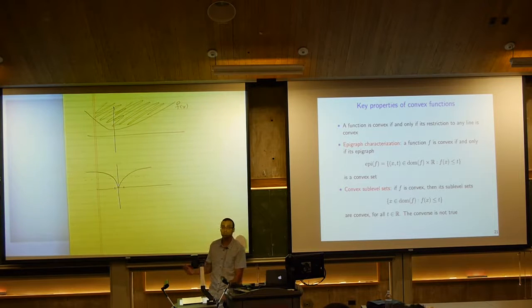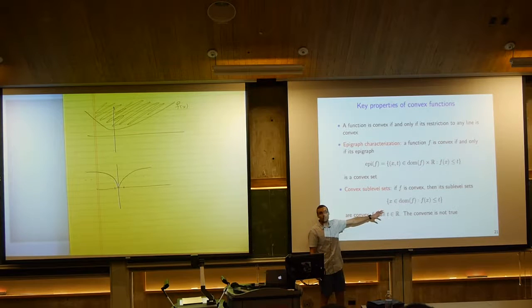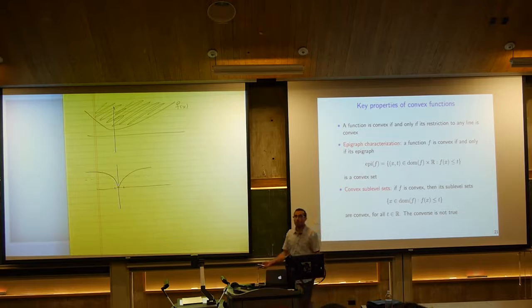All of its sublevel sets are convex intervals. But the function is not convex. We call functions that have convex sublevel sets quasi-convex. Quasi-convexity is a weaker condition than convexity. A function can be quasi-convex, can have convex sublevel sets, but it need not be convex itself. Okay?